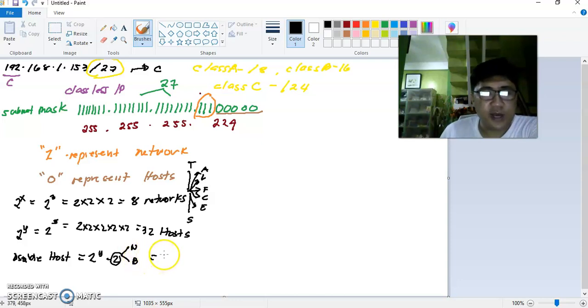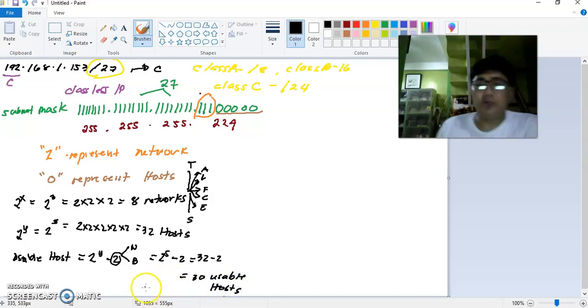So you have 2 raised to the power of 5 minus 2, which is 32 minus 2. You only have 30 usable hosts, meaning 30 in each network that you can connect, if you use this class C.